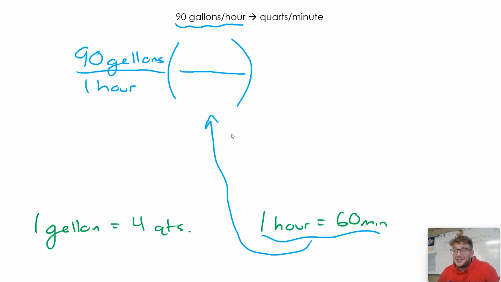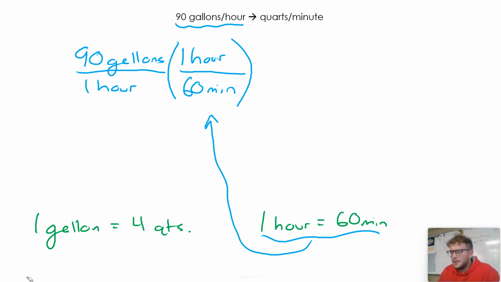Well, I put hours actually on the top this time because it was on the bottom here. So this is the first one where I'm actually putting the hours on top, in a place where it doesn't normally go. Usually I'm used to putting it on the bottom right off the bat, but here I'm trying to cancel out my hours. So the way I do that is I need it to be on top. So I'm going to put that 1 hour on top over 60 minutes on the bottom.